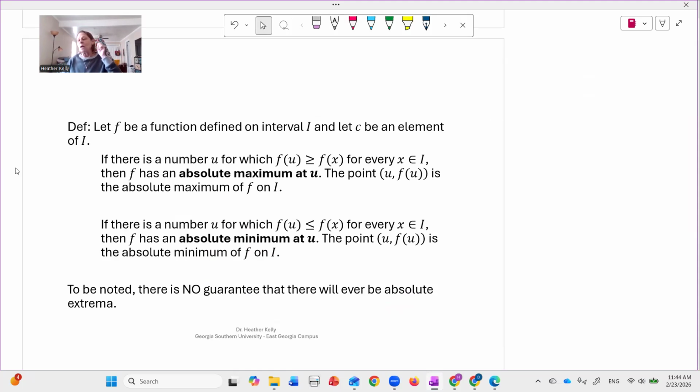You will often have local extrema, but there are cases where you don't have absolute extrema. In those cases you deal with local extrema, or there is no extrema.